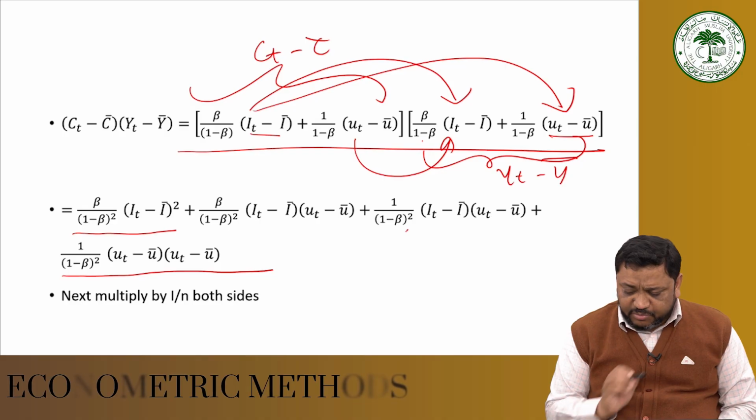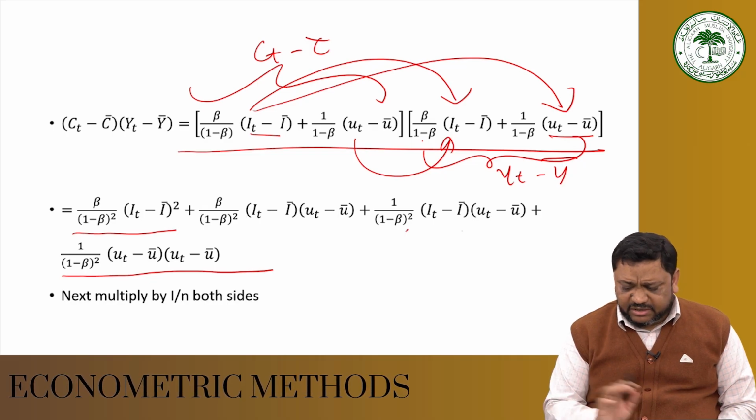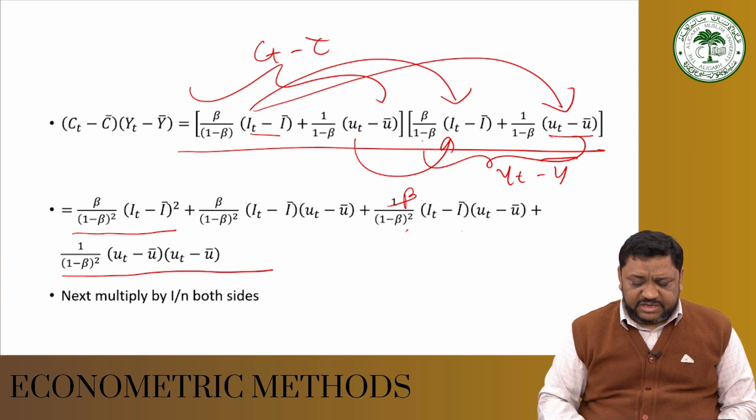There is a square term over there, and it is (it minus i bar)(ut minus u bar), and yes, it is correct. Only thing is beta will be coming over here, because it has a beta also over there.